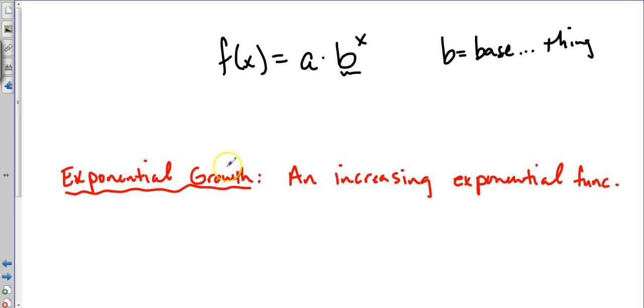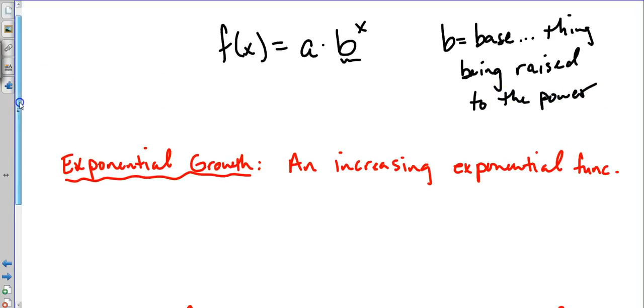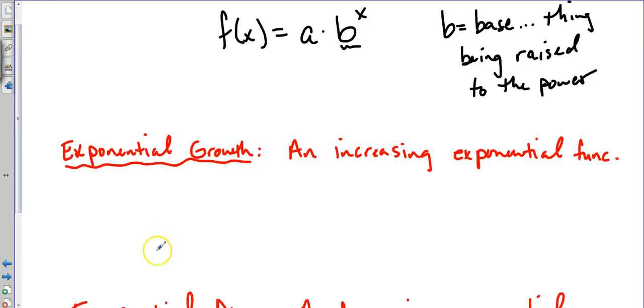So if we're looking for exponential growth or exponential decay and trying to figure out what exactly this graph is going to look like, we're going to look at the base, and we're going to look at specifically what kind of number the base is. All right, so for exponential growth, we said the first two graphs were exponential growth.